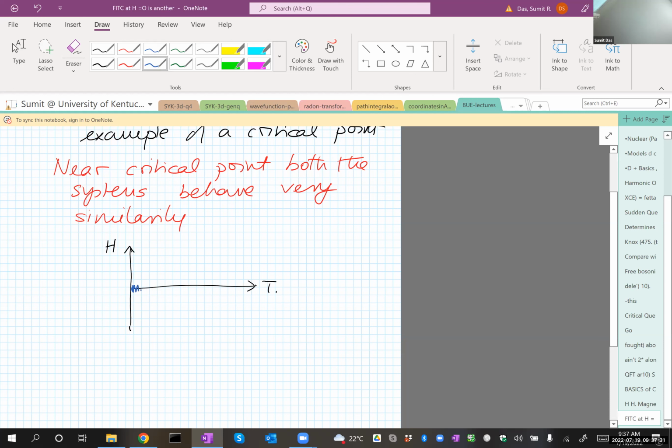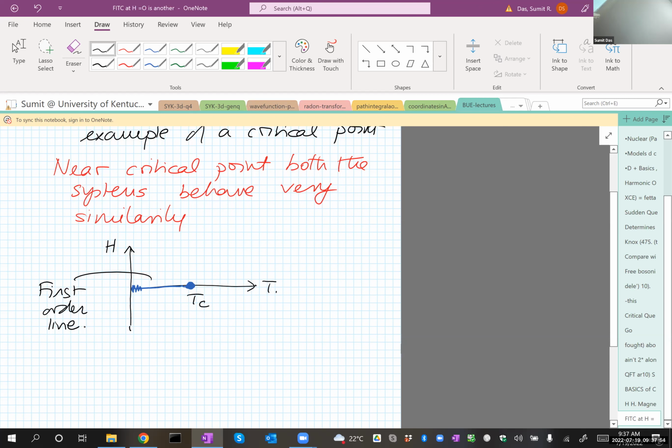What happens is that all the way along H equal to 0 up to T equal to Tc, there is a first order line where things change discontinuously. It is easy to understand why things would change discontinuously.